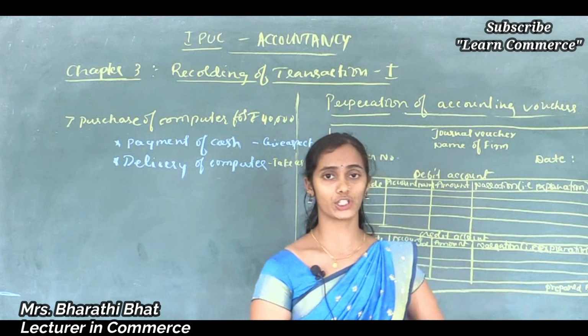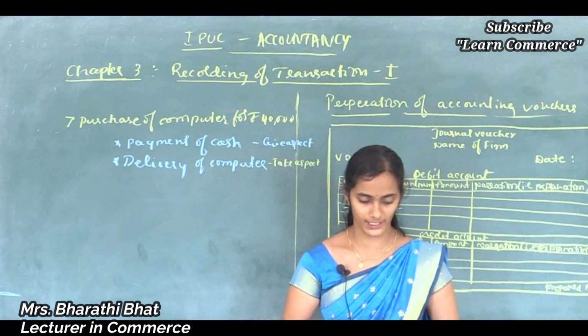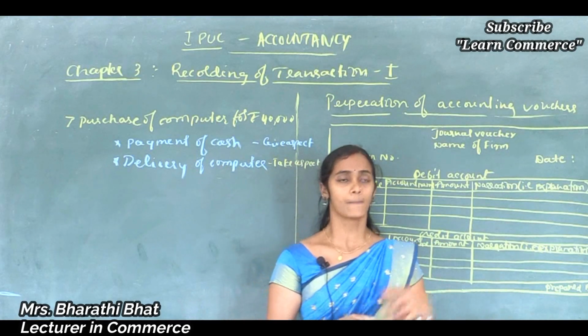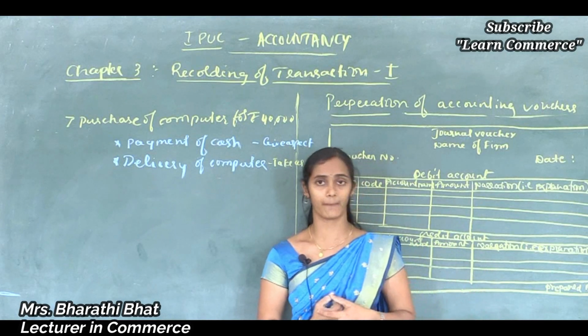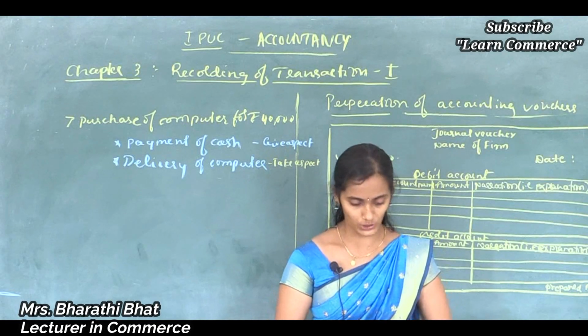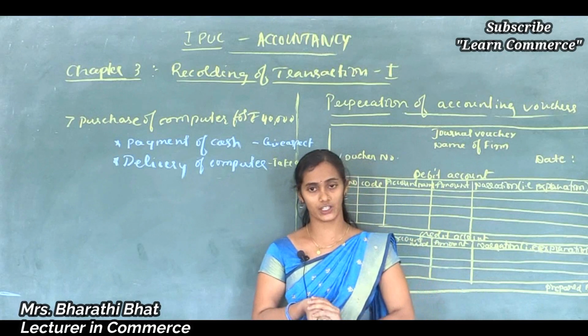The preparation depends on the nature of business and the size of the organization. But to differentiate these types of vouchers, the firm may use different colors of paper or different font sizes when printing the vouchers.